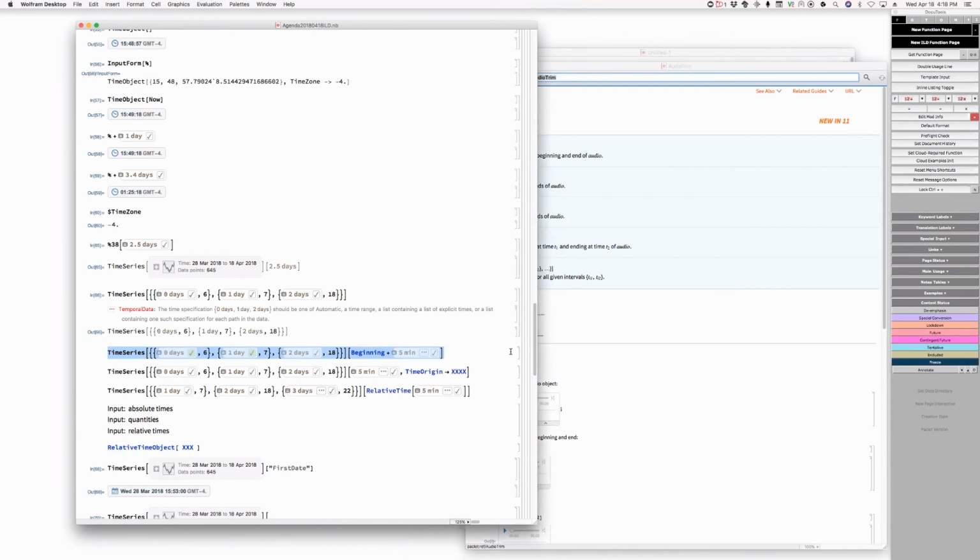Okay, so beginning, what's a little weird is that first date thing. That's an extractor that takes a time series and gives a specific first date, first time, whatever, in the time series.